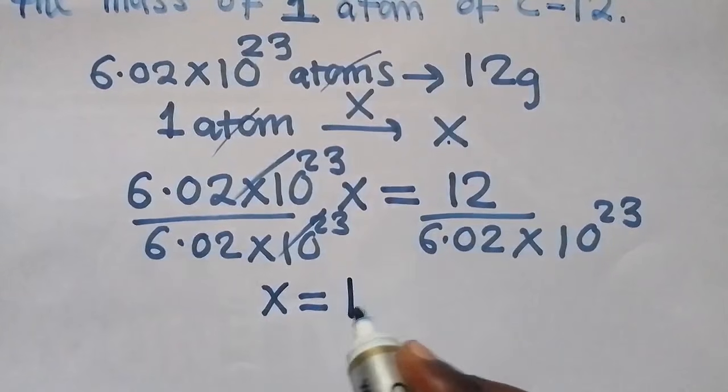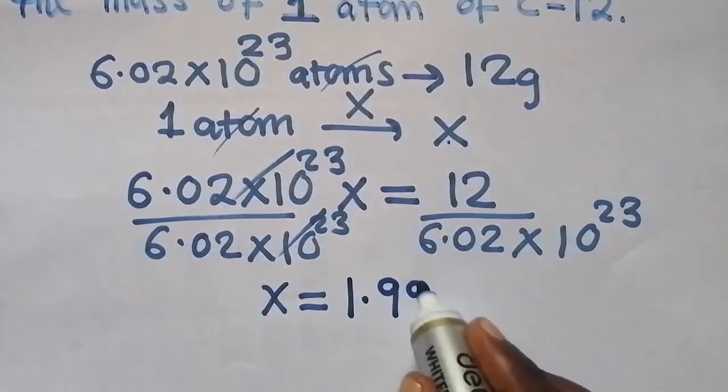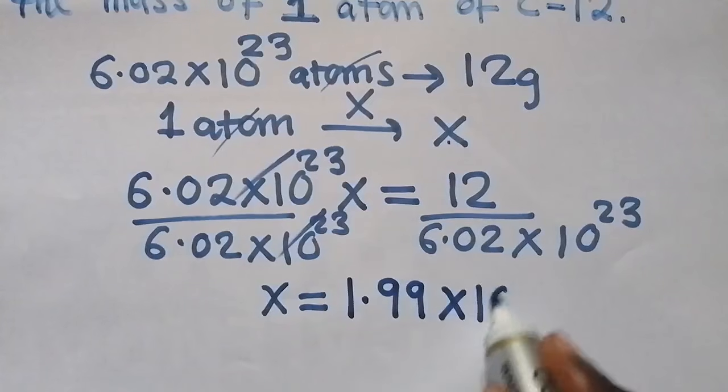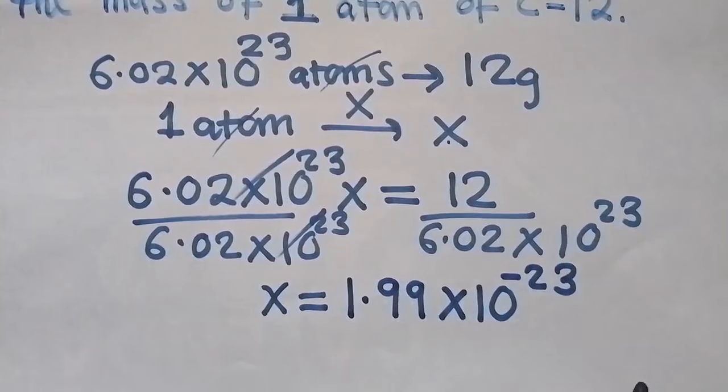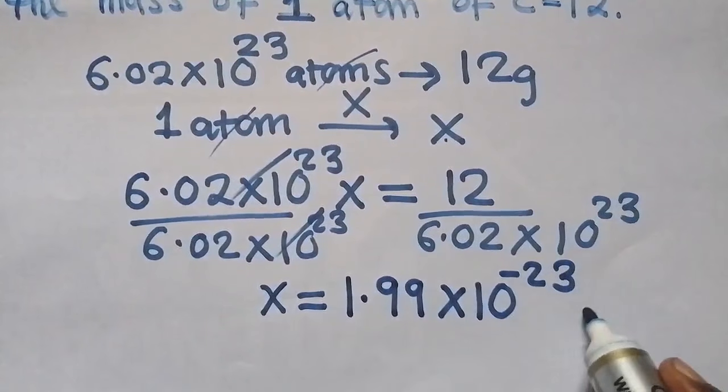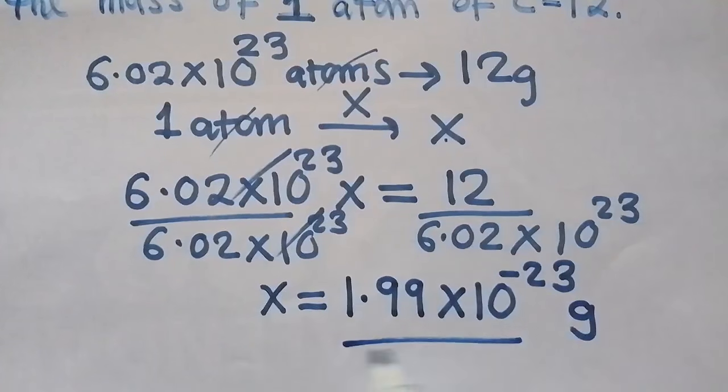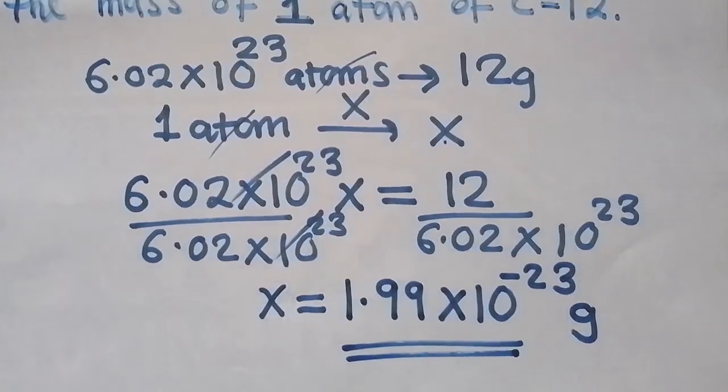Hope you are able to follow. 1.99 times 10 to the power negative 23. This is the answer that I've found, and then I put grams. So this is the mass of one atom of carbon 12.